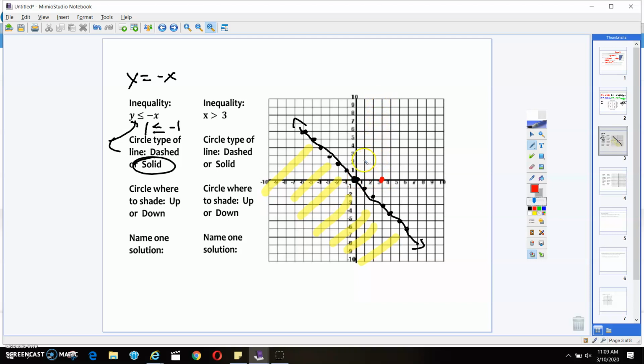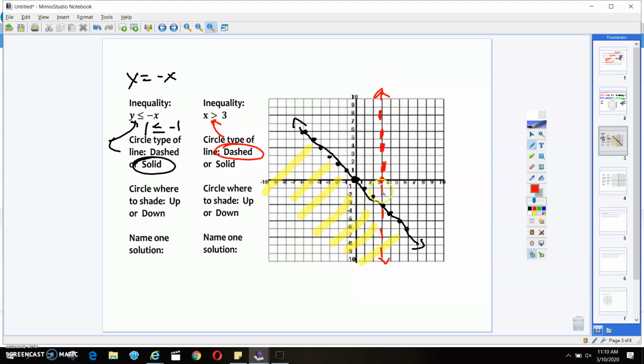Now, is this line going to be solid or dashed? It's going to be dashed because there's no line underneath here, right? So we're going to draw a dashed line. That's on 3, yep.